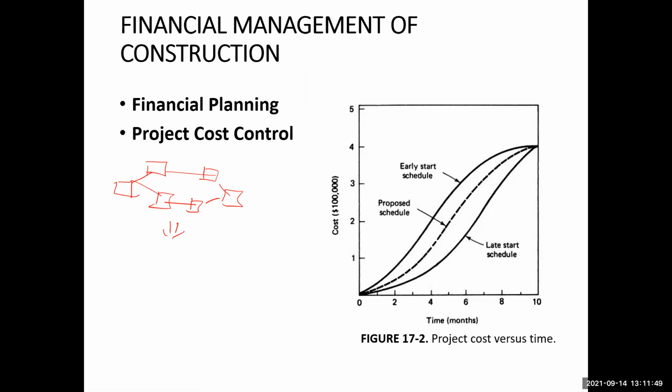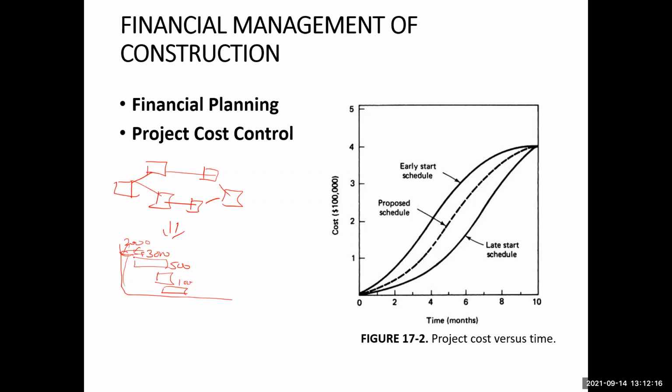From this project schedule, we may have a bar chart. Just suppose this is the bar chart. On this bar chart, we can show the expenses. For example, this takes 2,000, this takes 3,000, this takes 500, this takes 1,000.